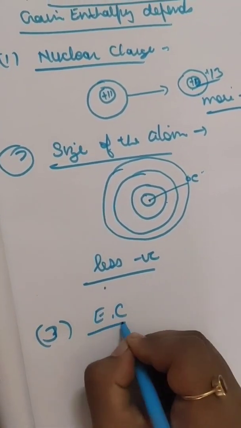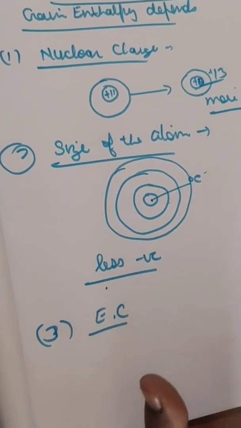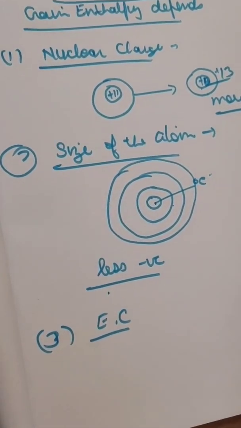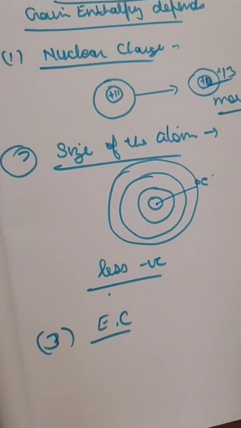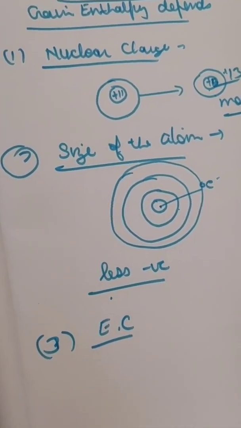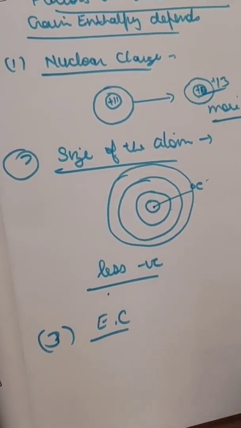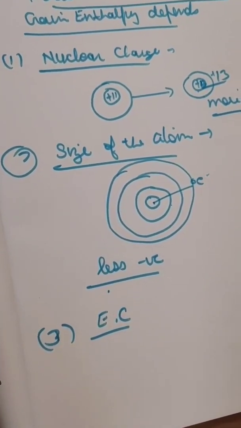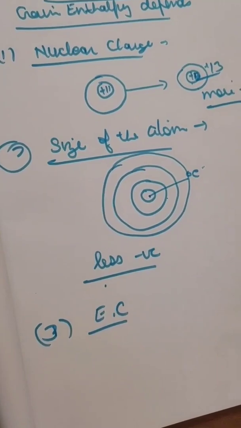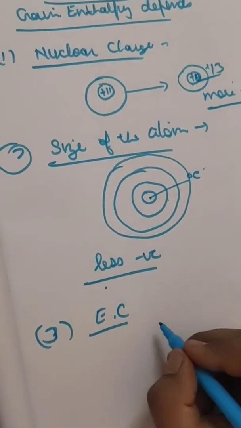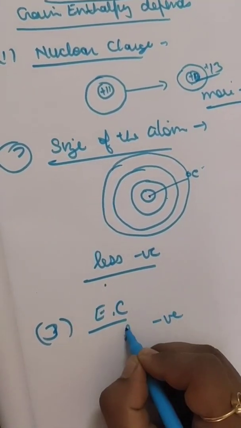electronic configuration. The elements which have a stable electronic configuration, half filled or completely filled valence shells, show a small tendency to accept an additional electron. They will not add any electron, and thus the electron gain enthalpy becomes less negative.